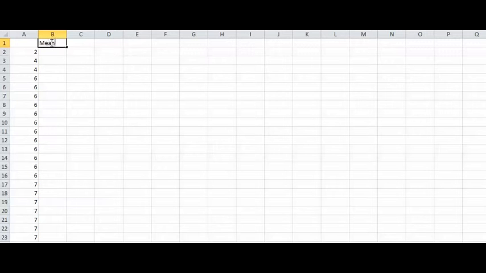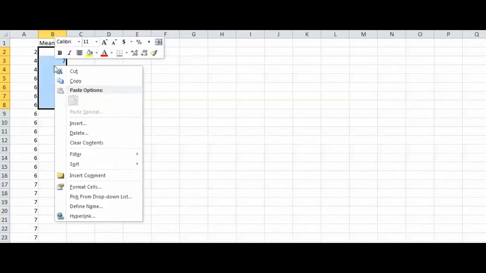Here I'll type the word mean just to show you that every cell in this column will have the mean of 7. So this column will just have the mean of 7 all the way down.